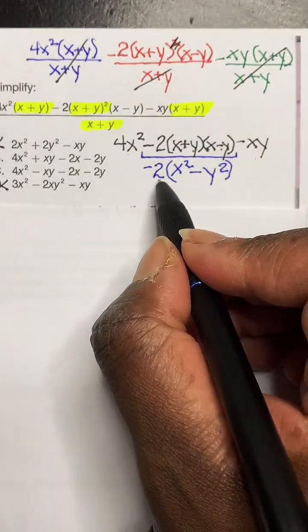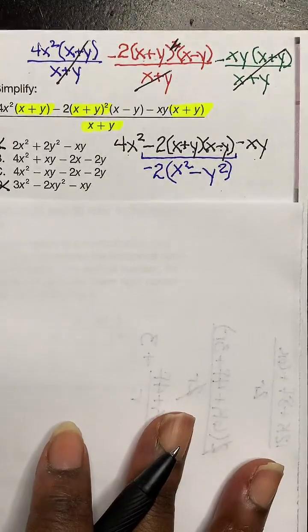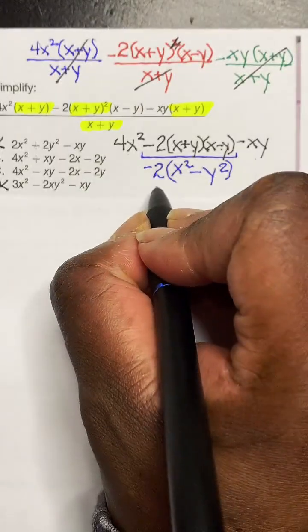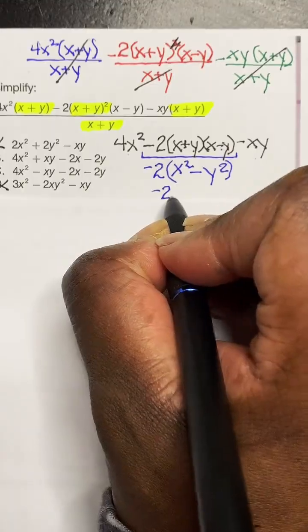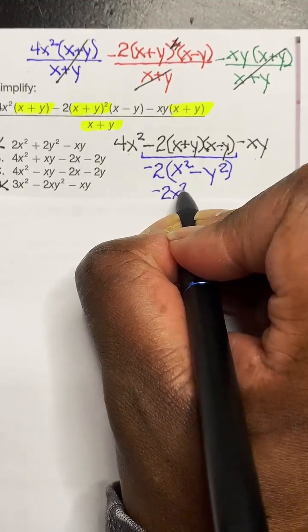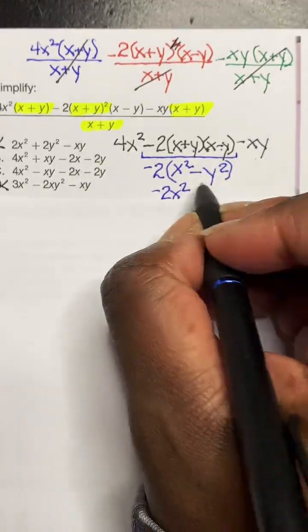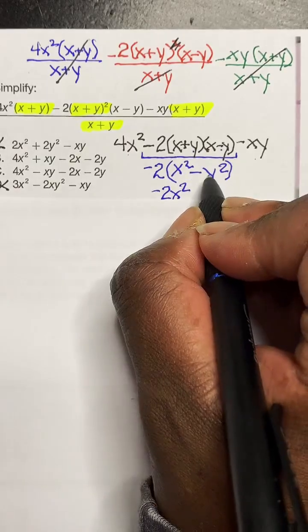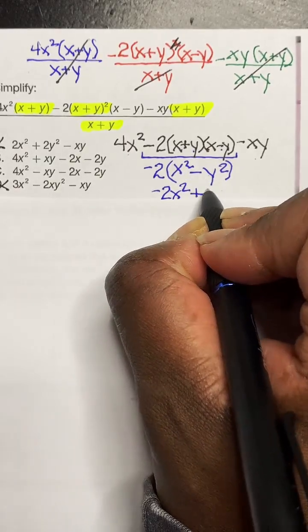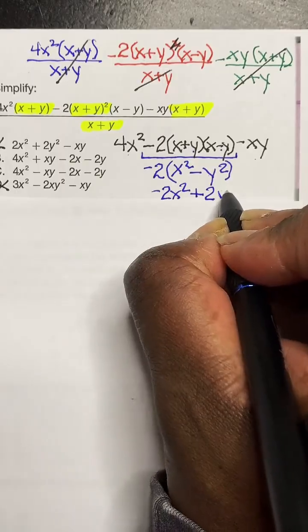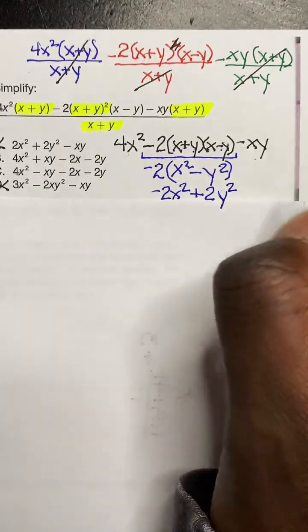So when we do this, we're going to have a negative 2x squared. Ooh, I jumped ahead, didn't I? Then negative 2 times a negative 2 gives me a positive 2. Then we have our y squared. Yeah, I jumped ahead.